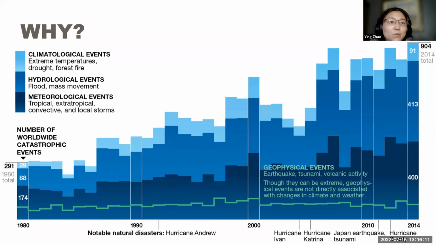And the medium blue and dark blue, like floods and mass movement, are definitely much more. You can see here, and other things like local storms and tropical storms also increased. So I think climate change is real. Some people probably do not believe that, but we do see that it has happened, and it is still happening.